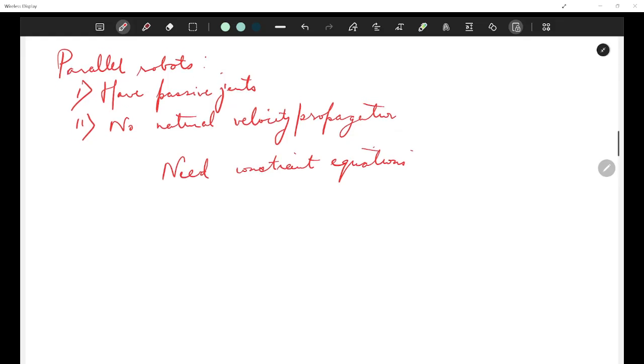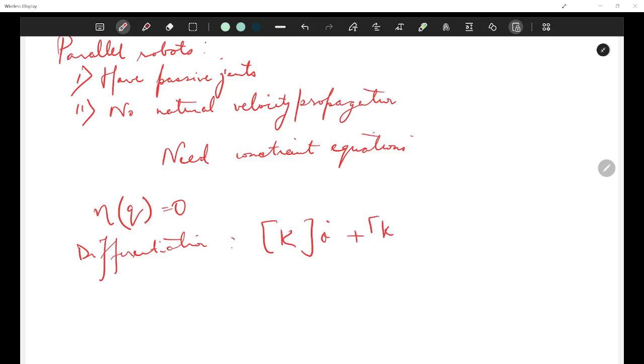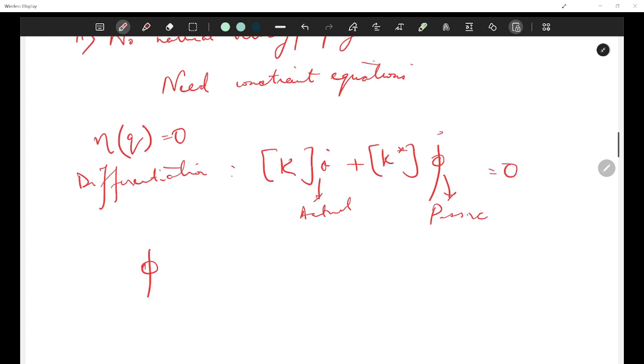And what are the constraint equations there? Let's say we denote it by eta of q is equal to 0. If we differentiate it, what do we get? I'm not going into much detail about how it was discussed in the lecture, but it is K into theta dot plus K star into phi dot is equal to 0. This theta is for the actuated joints and this phi is for the passive joints. You solve for phi dot, you get it to be minus K star inverse K into theta dot.